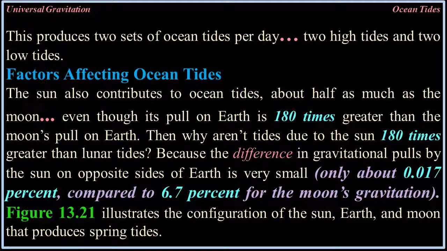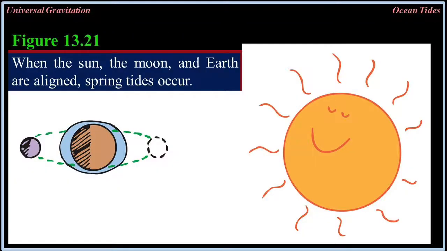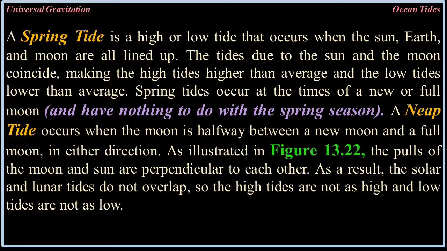Figure 13.21 illustrates the configuration of the sun, Earth, and moon that produces spring tides. In Figure 13.21, when the sun, the moon, and Earth are aligned, spring tides occur. You can see how the Earth, when it rotates, is going to pass under the bulges twice a day.